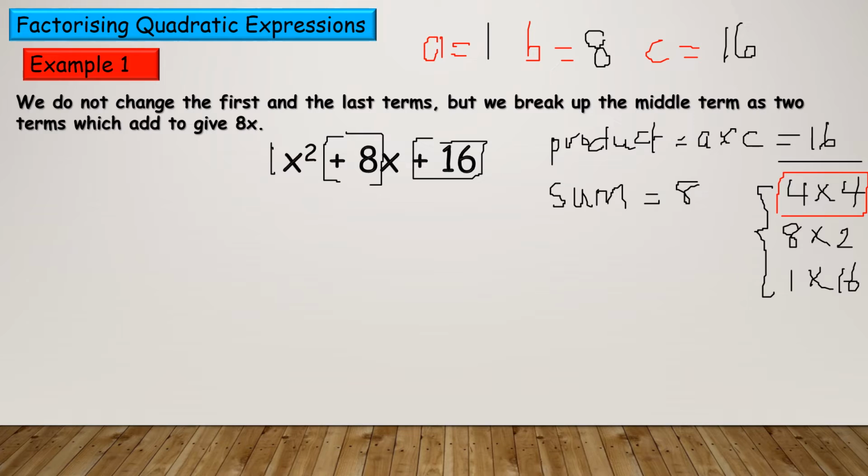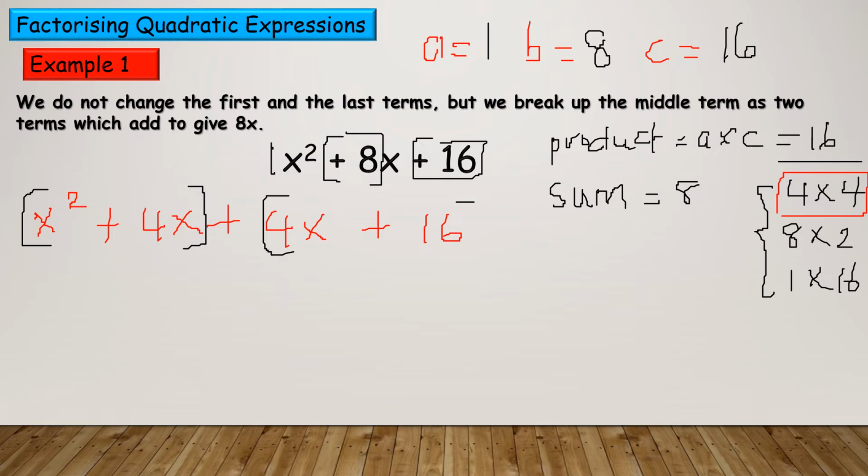So we're going to write x squared, and we're going to replace 8x with those two numbers: 4x plus 4x plus 16. We now have 4 terms, so we are going to pair them off, and then factorize each pair.